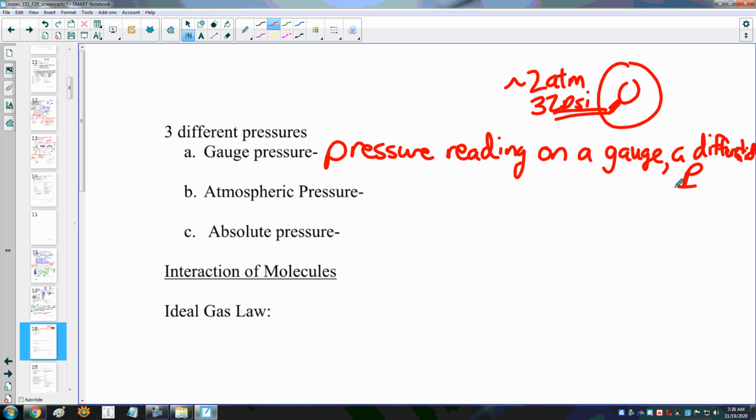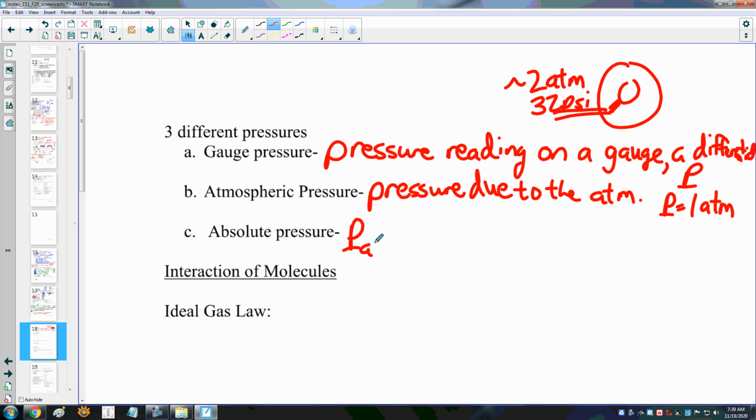This is a differential pressure. That is, it's the difference between the pressure inside the tire and outside the tire, and it doesn't take into account the atmospheric pressure. We've already seen the atmospheric pressure, that's the pressure due to an atmosphere. And at sea level, that pressure is equal to 1 atmosphere. Absolute pressure is going to be the sum of those two.